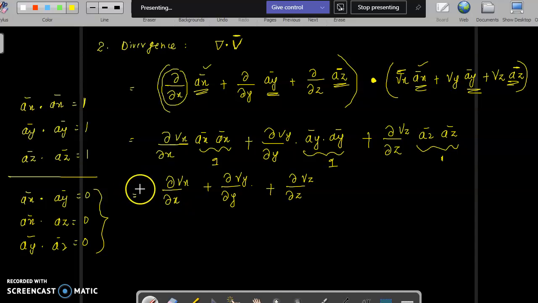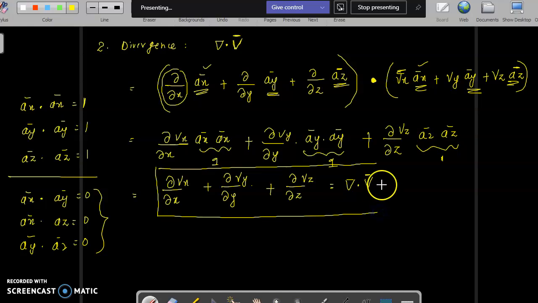Now if you look at this function, this is del dot V. So del dot V is called divergence. The Ax, Ay and Az terms are missing here, so it's a scalar. The divergence of a vector is a scalar.